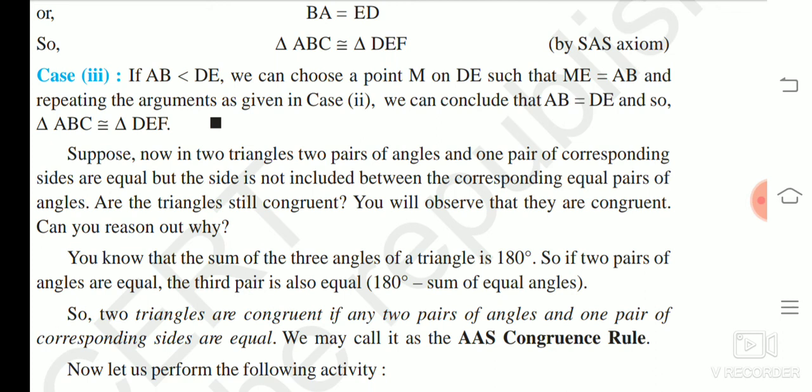In the case of the SAS rule, SSA is not true, and ASS is also not true. In the case of the ASA rule, the third side is not possible to get directly, but the sum of the interior angles is definitely 180 degrees, so if two angles are equal, automatically the third angle is also equal.